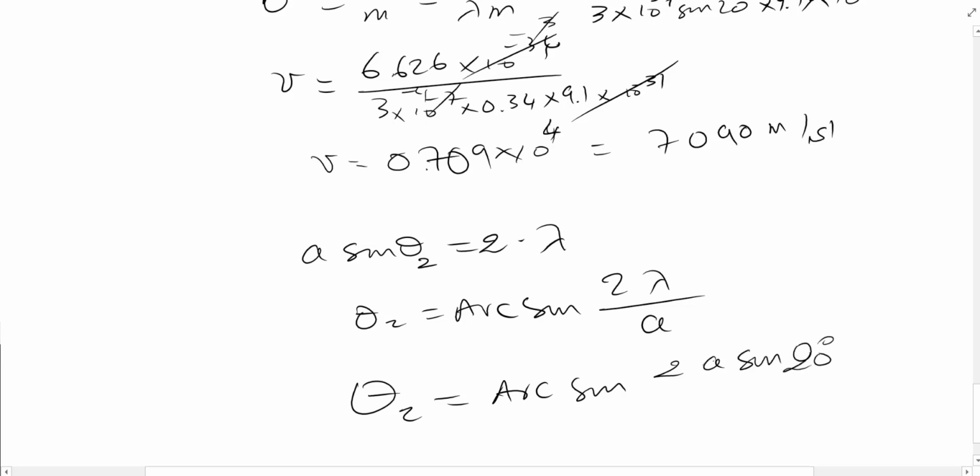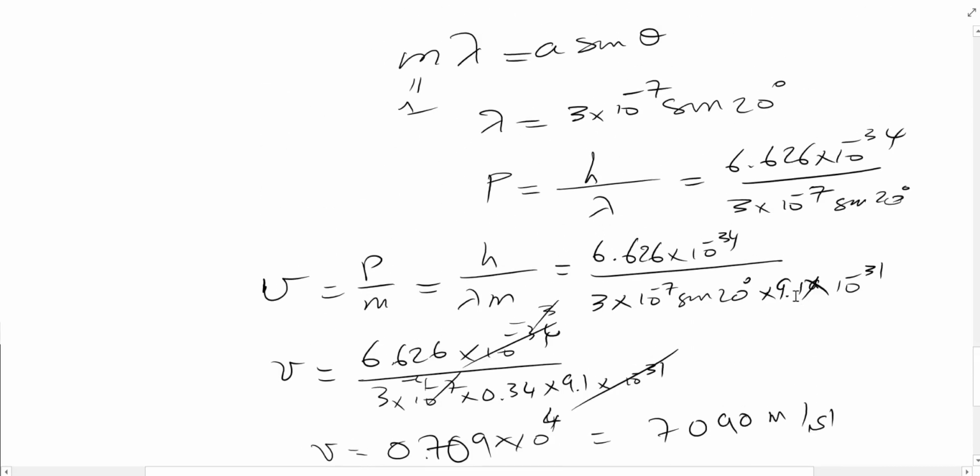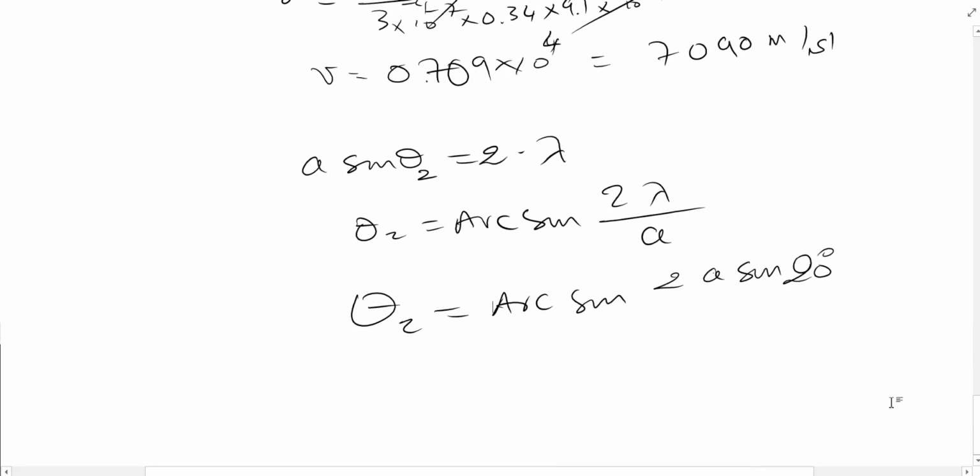And a doesn't matter in this case, because we're dividing by a, so the a's cancel. So let's write it: arc sine of 2 times sine of 20 degrees.